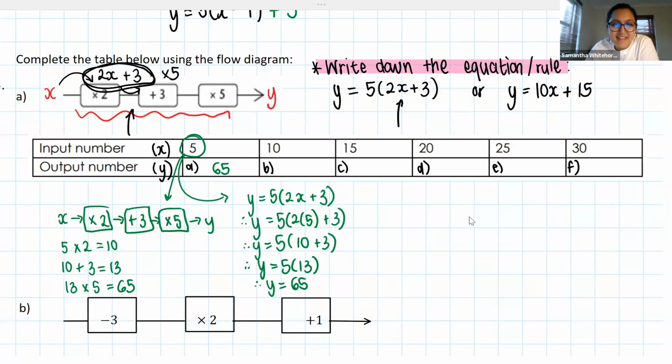Hi, firstly, I'm so nervous. But I used the flow diagram. I took 10 and I multiplied it by 2. So I got 20. So I took 20 and I added 3. So I got 23.